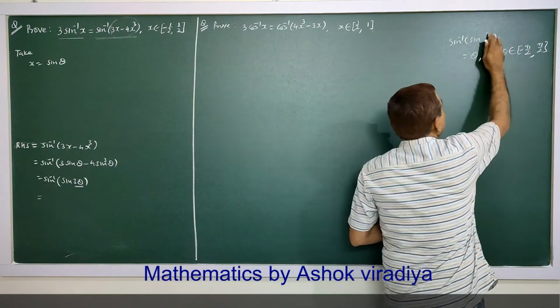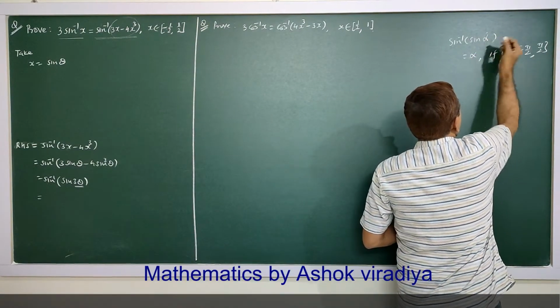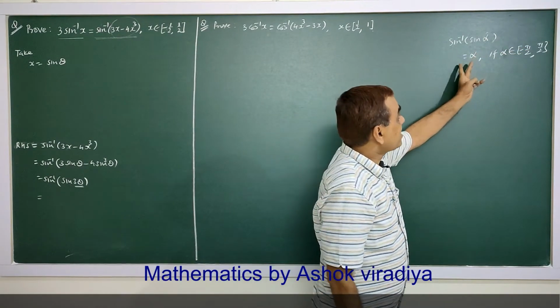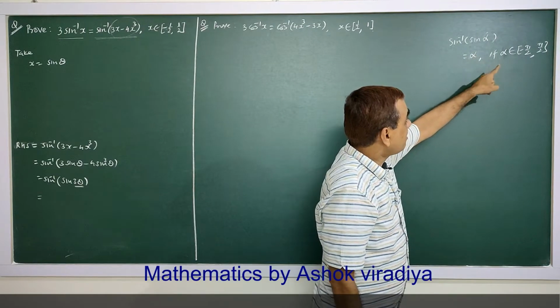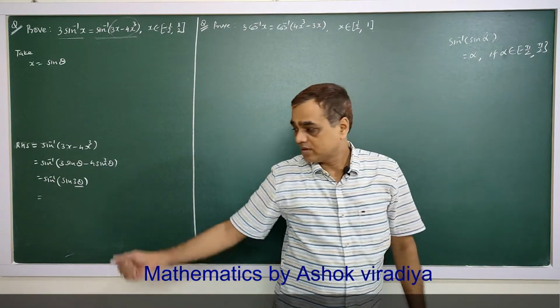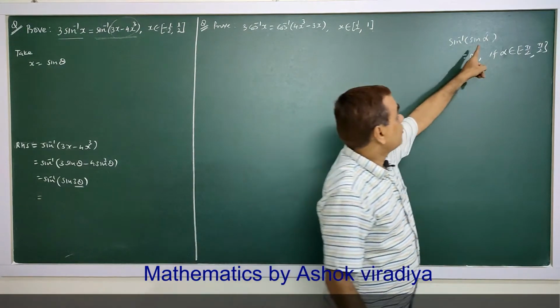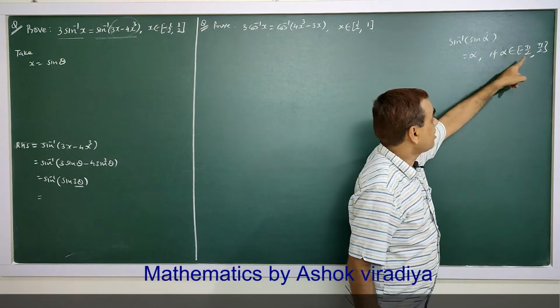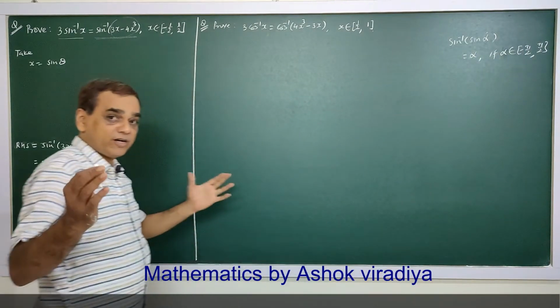If you read alpha here, then you put alpha. So the result is sine inverse sine alpha is alpha if alpha belongs to minus pi by 2 to pi by 2. And here the value of alpha is 3 theta, so it will be 3 theta if 3 theta belongs to minus pi by 2 to pi by 2.